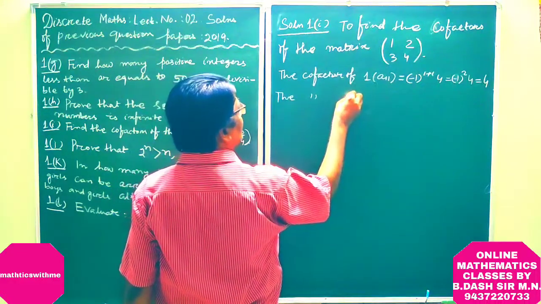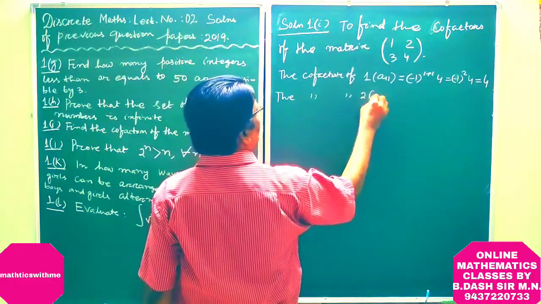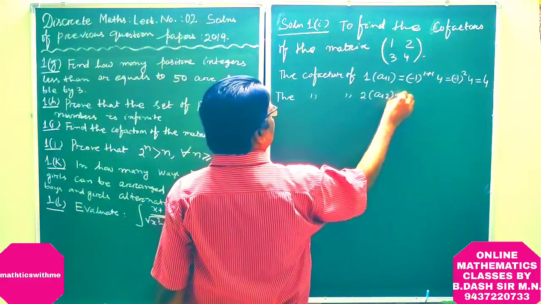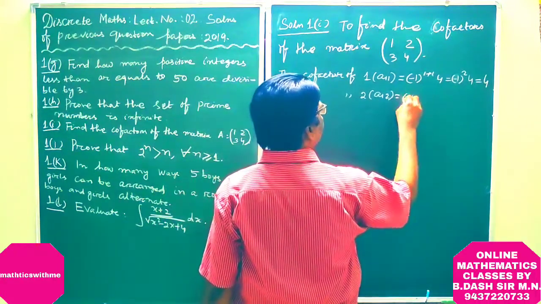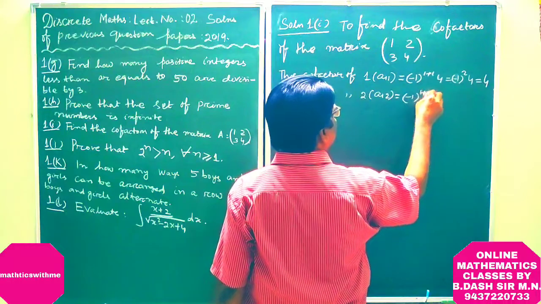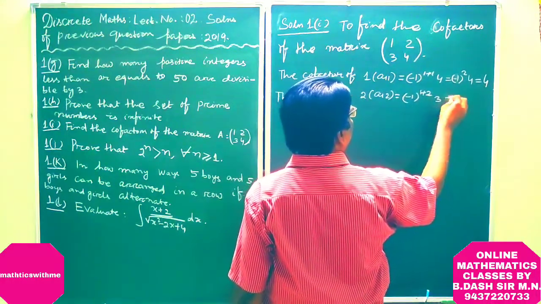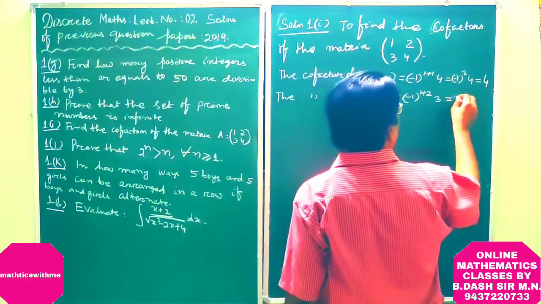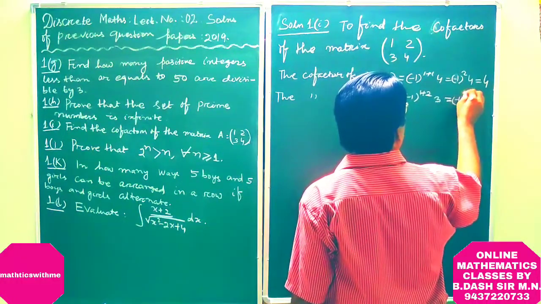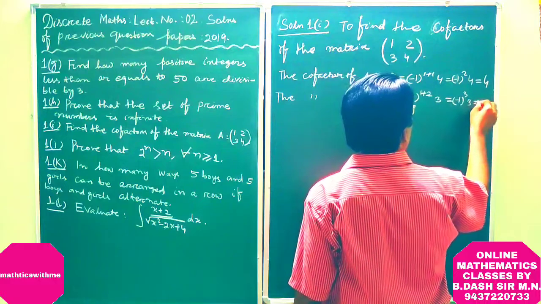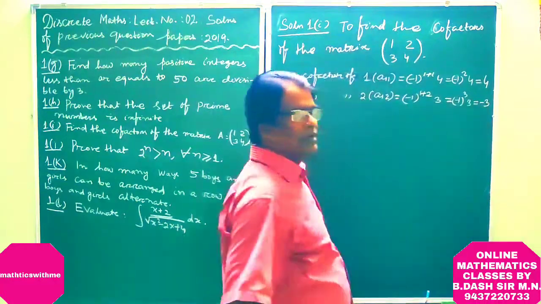The cofactor of 2, that is A12, is minus 1 to the power 1 plus 2 into 3. This is equal to minus 1 cube into 3, which is equal to minus 3.